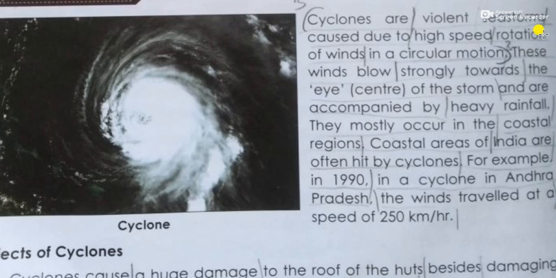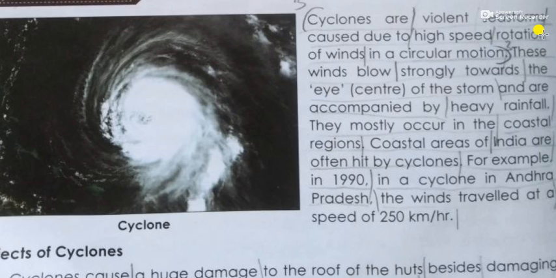So usually the earthquake starts from the center, but the cyclone blows towards the center area, focusing onto the center, and this also comes with heavy rainfall. Whenever a cyclone comes, rain also comes along with it.